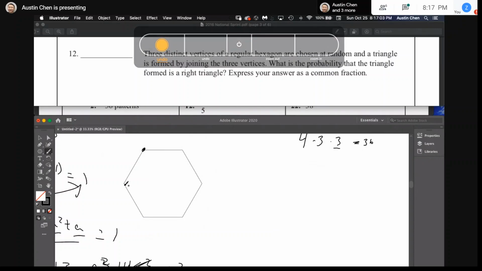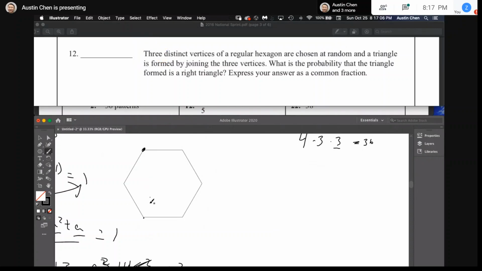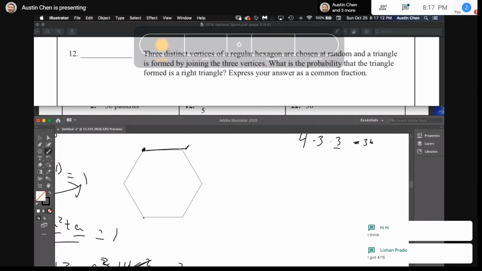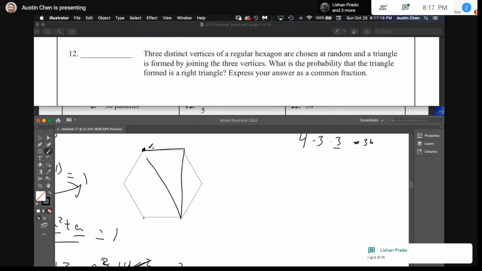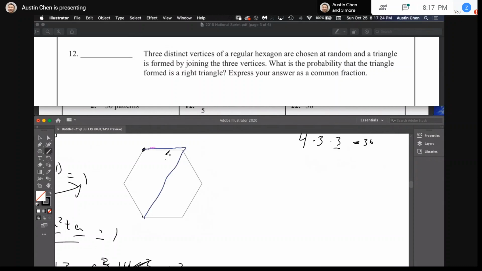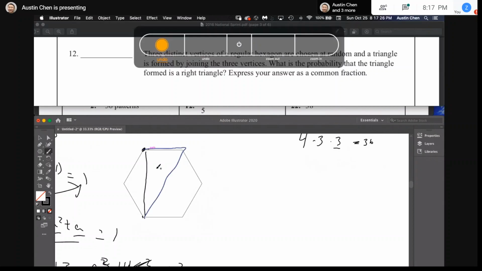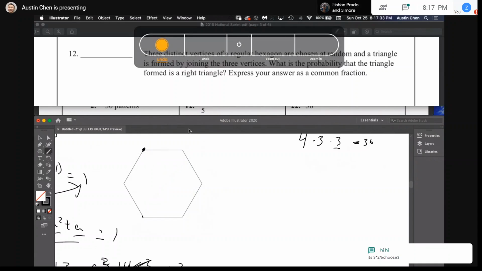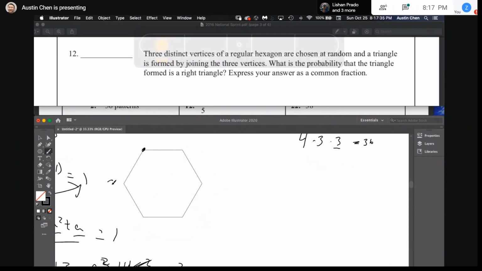Okay, so what if we choose this point? Well, we have two right triangles again, because if we go there, then we have a right triangle there. Or wait, what? No. If we have this point, we're also going to have like this. So that's the second right triangle. And the other points don't work, right? This point is not a right triangle, and this point is not a right triangle. It's an equilateral triangle. All right, so this point had two right triangles.